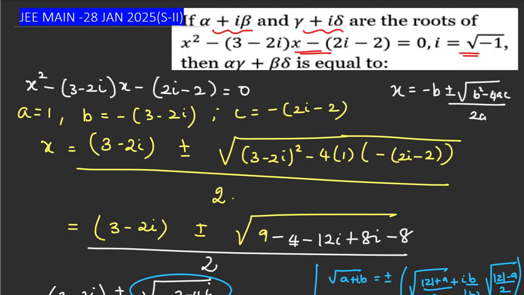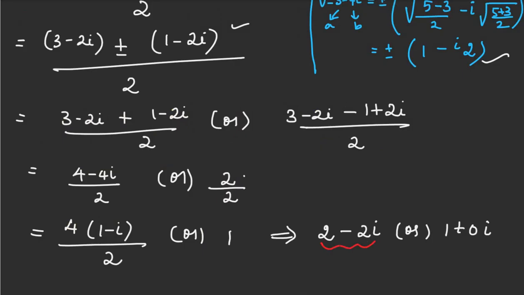Now moving on to the question, alpha plus beta i and gamma plus delta i are the roots of the given equation. Therefore, here these roots are given to be alpha plus beta i and gamma plus delta i. Therefore, here we can write alpha is equal to 2, beta is equal to minus 2.